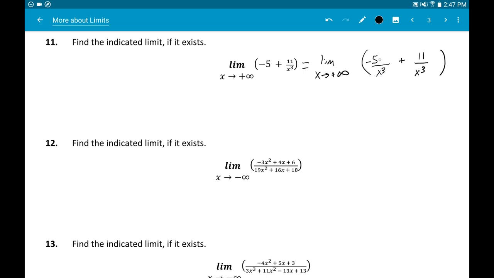Well, if I put the x cubed also on top, effectively what have I done? X cubed divided by x cubed is 1. -5 times 1 is still -5. So I haven't changed the value of it. I've just gotten a common denominator. Now that I have a common denominator, I can write it all together as one fraction.